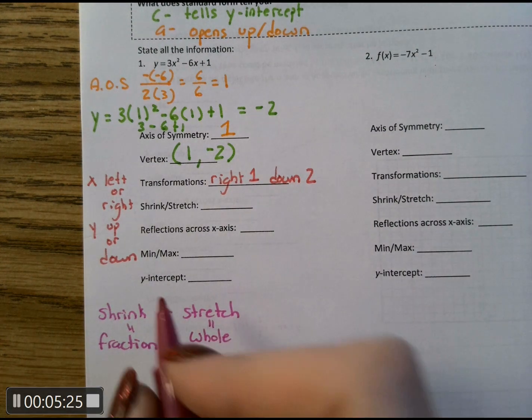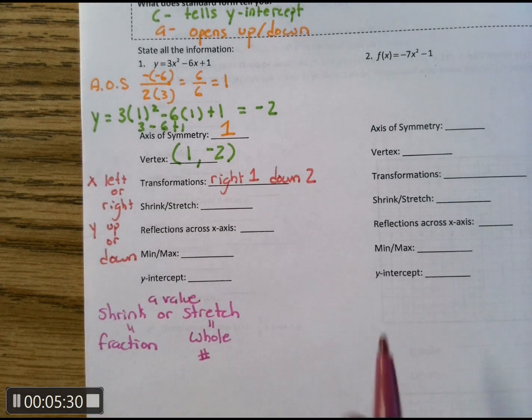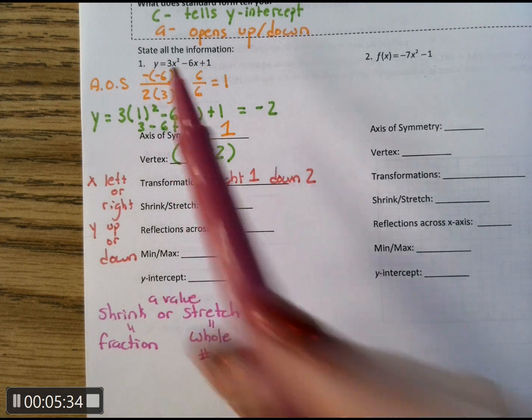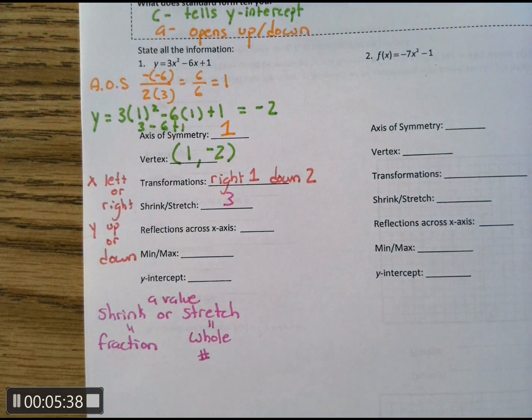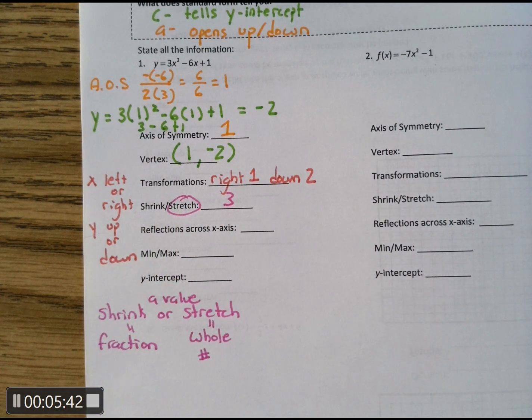So if we look at our a, shrink or stretch for our a value of 3. So you would go ahead and put the number 3 here. And is that a whole number or a fraction? That's right, it's a whole number, so it's going to be a stretch. And then reflection across the x-axis is if a is positive or not.